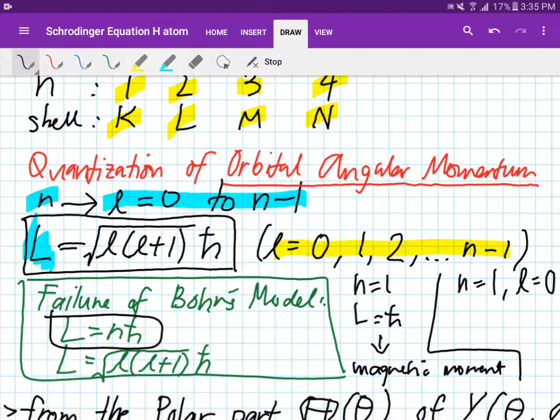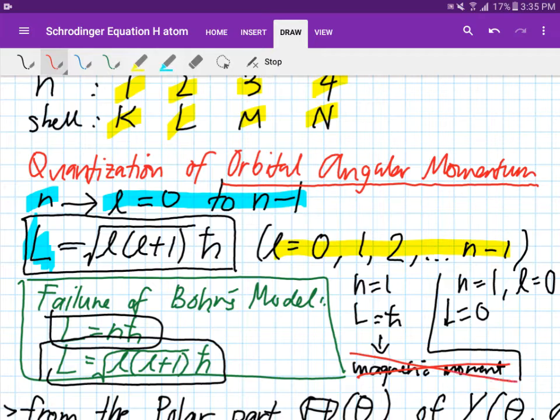The physical angular momentum should actually be 0, because from experimental results, they observe that there is no magnetic moment. So that is why this successfully predicted the orbital angular momentum, while Bohr failed to predict the orbital angular momentum at the ground state.